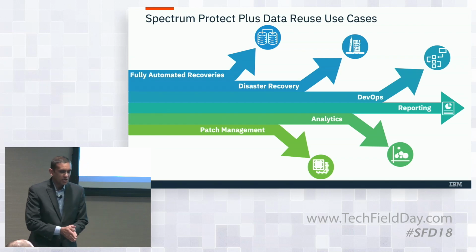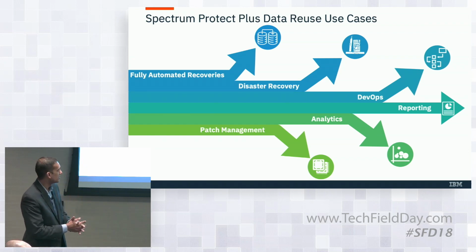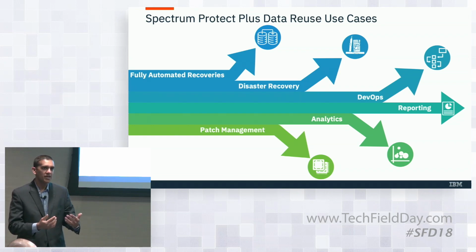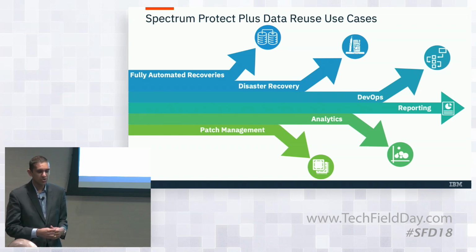Okay, I talked about reuse before. I'll touch upon that a little bit more. Again, from a data reuse use case, what we are hearing from customers is, I'm making an investment in data protection software. How can I get more beyond just backup, beyond just my traditional restore in case of a failure?